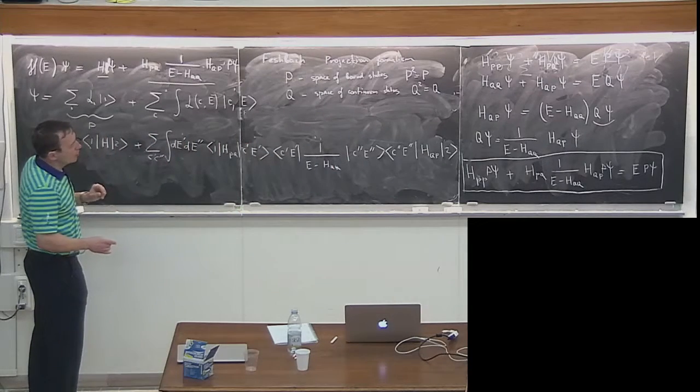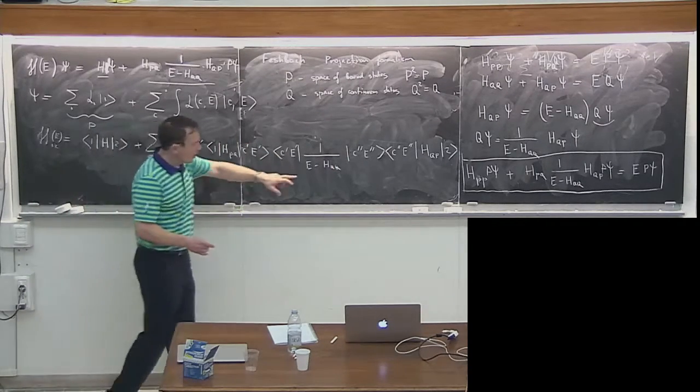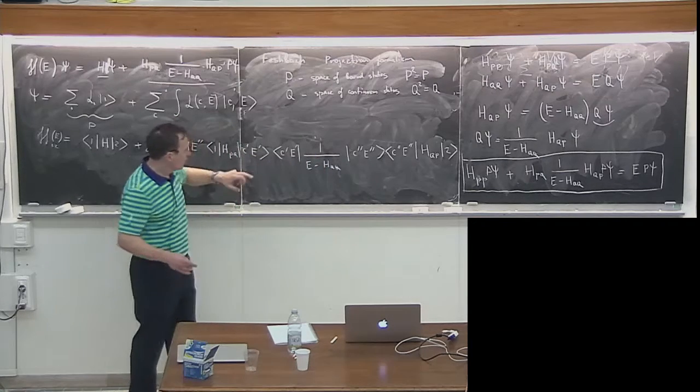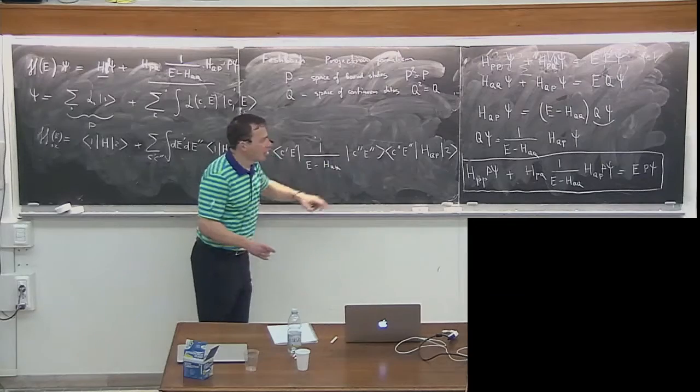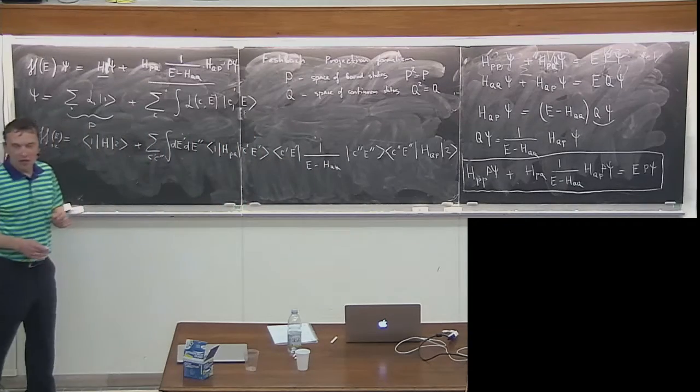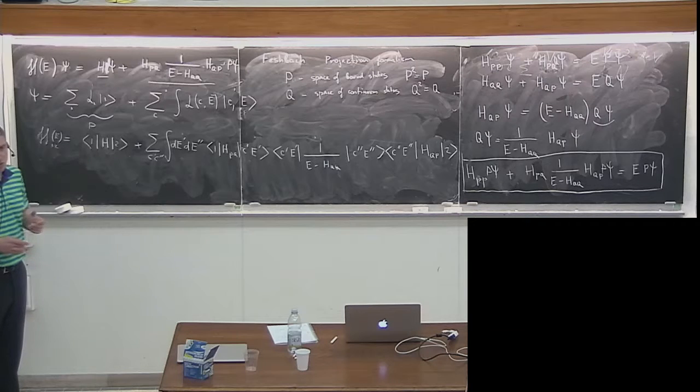In this equation, the common assumption is that I can diagonalize this HQQ, that these states C are diagonal for HQQ. This is a natural assumption, that far away in the continuum, I do know how to solve my scattering states. Remember, we started our course by saying I have to separate some H naught, which defines what happens far away.